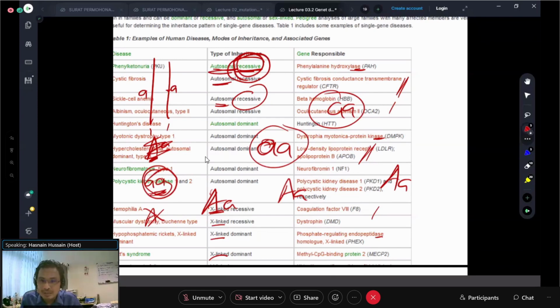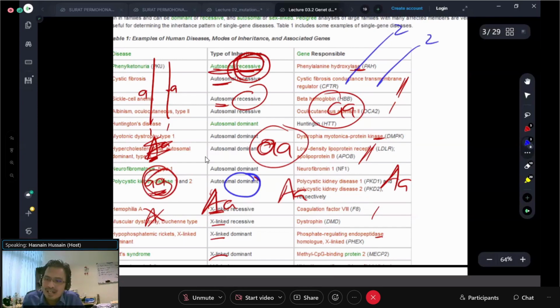But then you come to dominant. Dominant is another case. So in a dominant disease, let's say this one, chromosome number 2, if this one is big B, this one is small b.